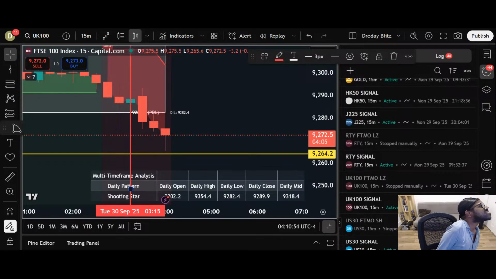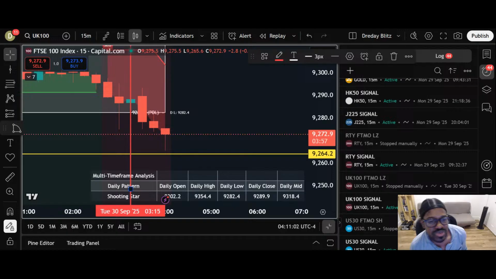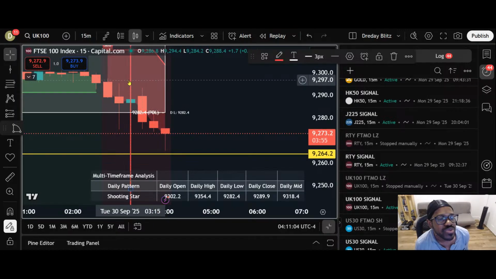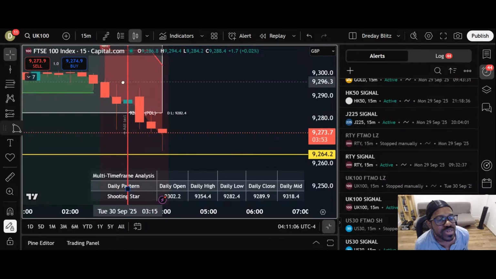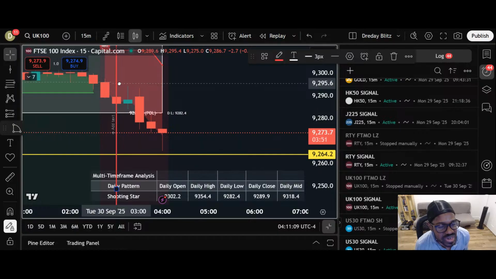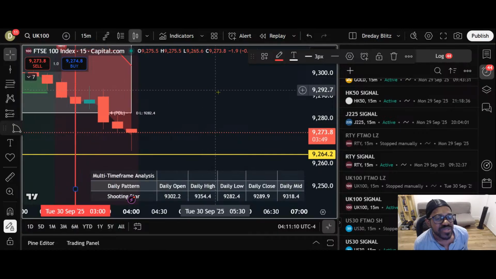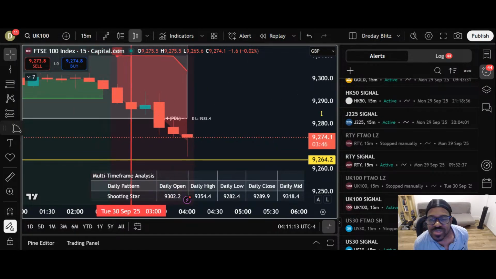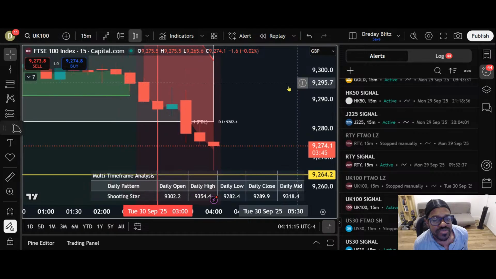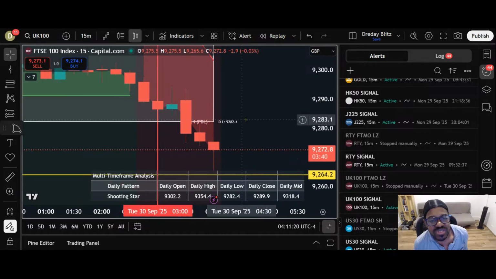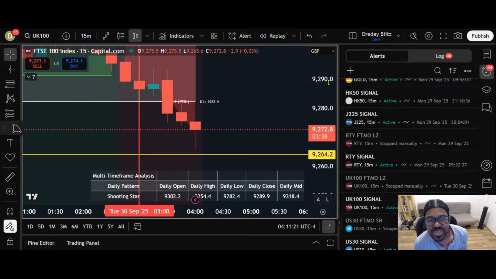No, UK100, I think it was the first one that we entered. UK100 was at 302. So at 302, that was this candle here. There you go. So this is the entry from UK100. As you can see, well in profit here.